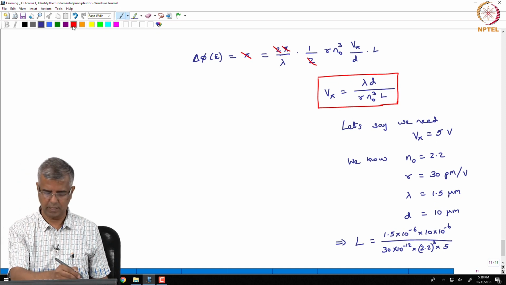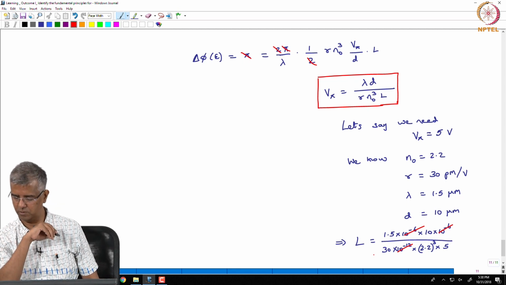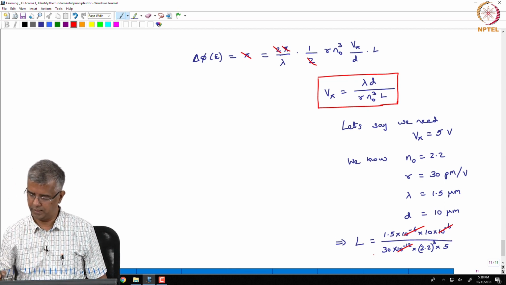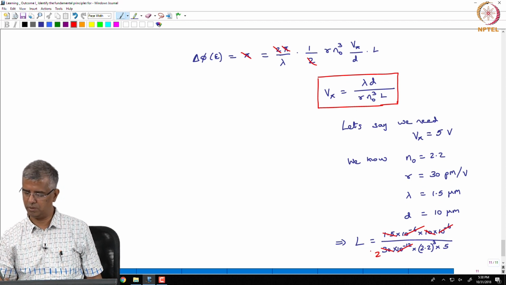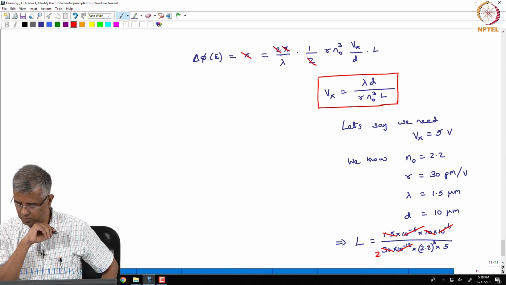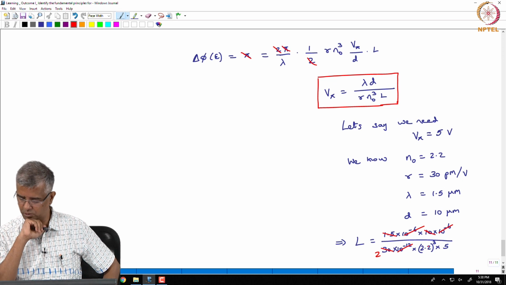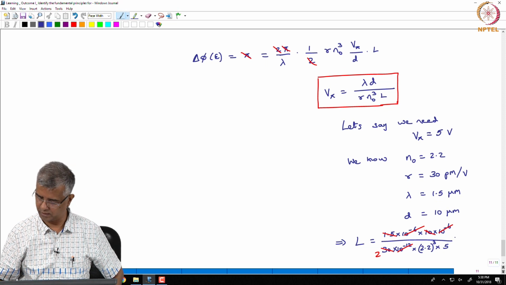Right off you can see 10 power minus 6, 10 power minus 6 and 10 power minus 12 cancel. 10 goes into 30 as 3, and 1.5 multiplied by 10 is 15, which goes into 30 twice. So, it is 1 over 10 into 2.2 the whole cube. 2.2 the whole cube is roughly about 10. If somebody has a calculator, you can check that.